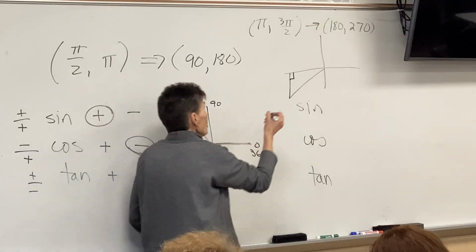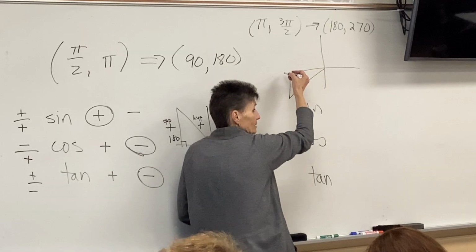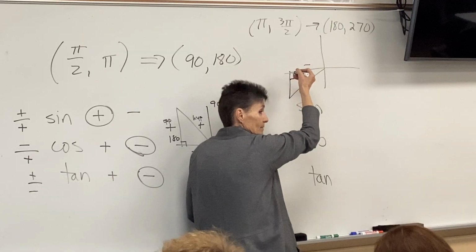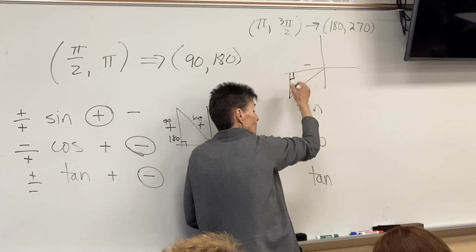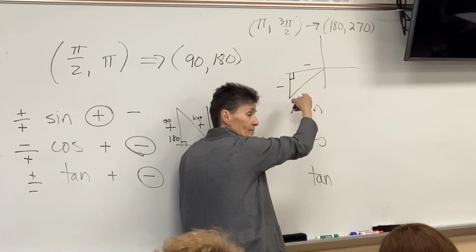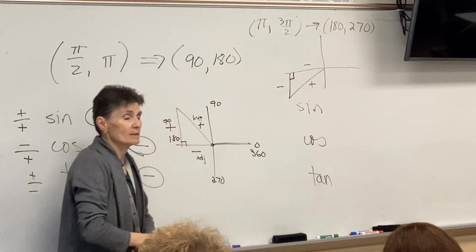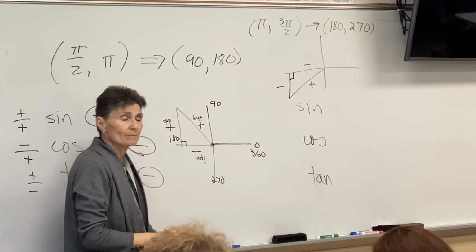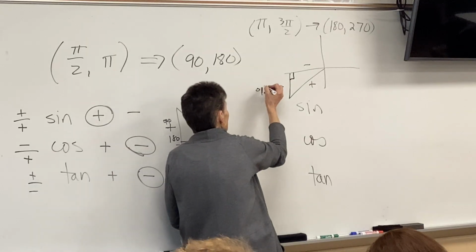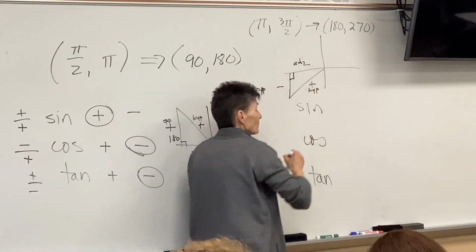And what do I know about this side in quadrant 3? This side is negative, left. What about this side? Negative, down, down, down, negative. And the hypotenuse is always positive. This is opposite, adjacent, hypotenuse.